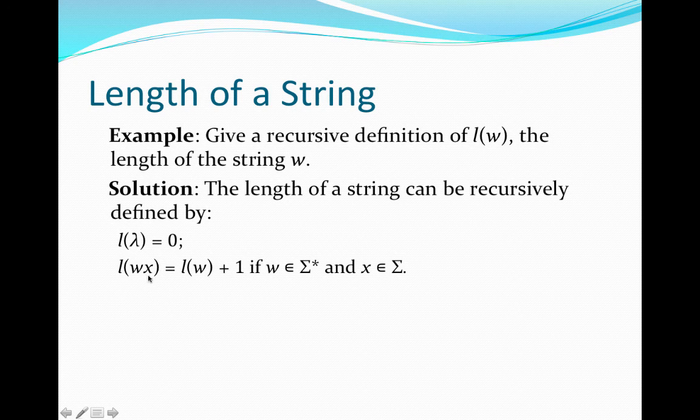The length of lambda 0 is the length of lambda plus 1, so the length of 0 is 0 plus 1, which is 1. Similarly, the length of 1, which is lambda 1, is the length of lambda, which is 0, plus 1. So strings with one bit in them have length 1, which makes sense. As we add new members of our alphabet onto the right, we continue to add 1 to the length. Essentially, the length of a string is just the number of bits that occur within it.